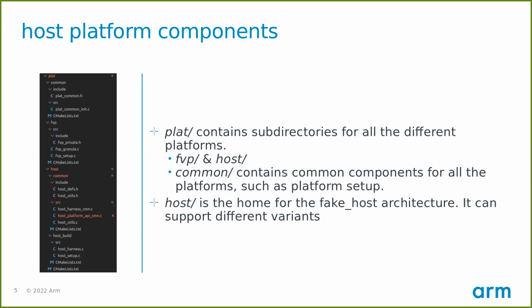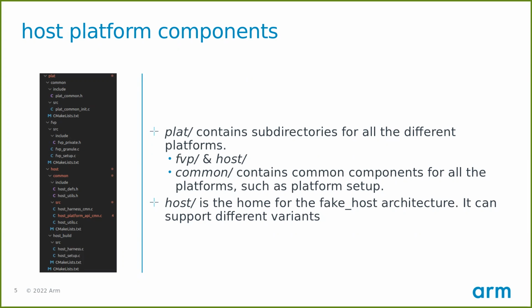Those are actually parts that are common to all the platforms. And if you see inside the host directory, you will notice that we also have a common directory and another directory called host build. This is because for the fake host architecture, we support subvariants of the platform.